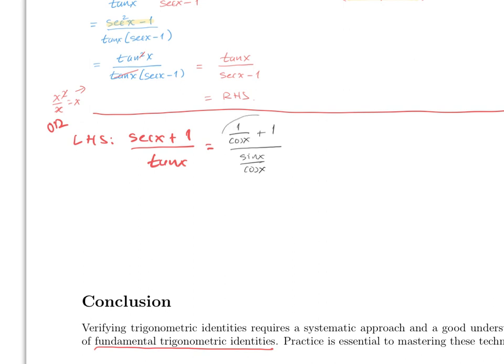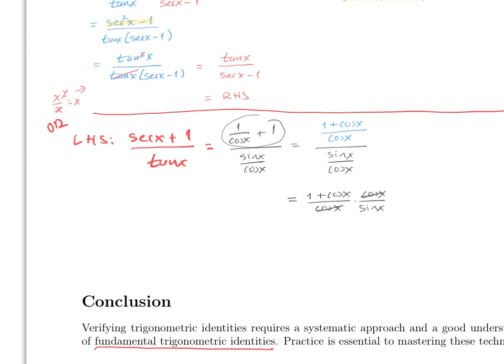Now on the top, if you find the LCD, you'll have 1 plus cosine x over cosine x. And then on the bottom, you'll have sine x over cosine x. Since you are dividing fractions, this is essentially 1 plus cosine x over cosine x times cosine x over sine x.